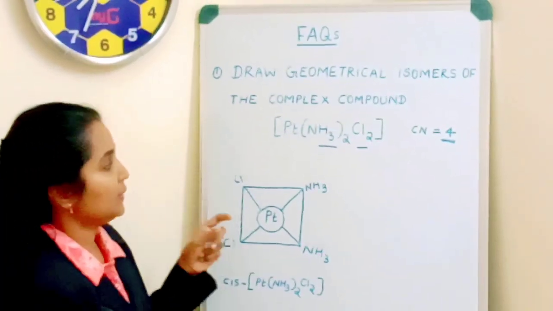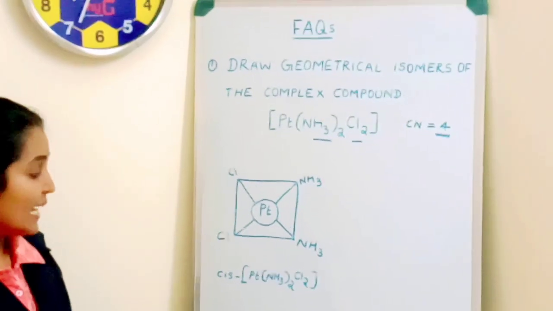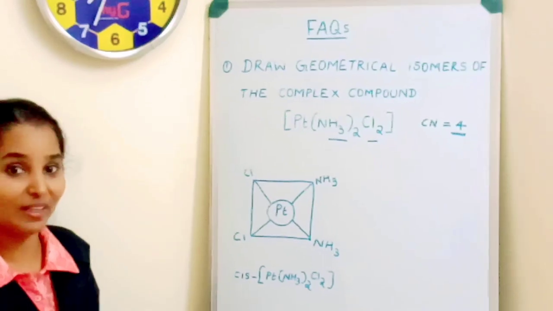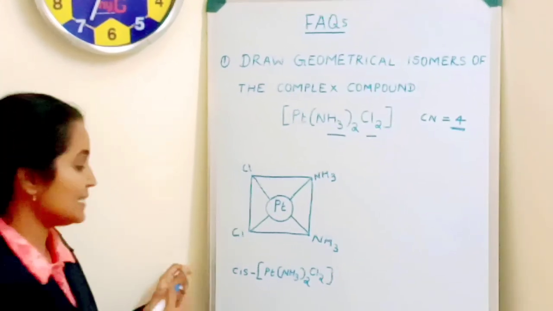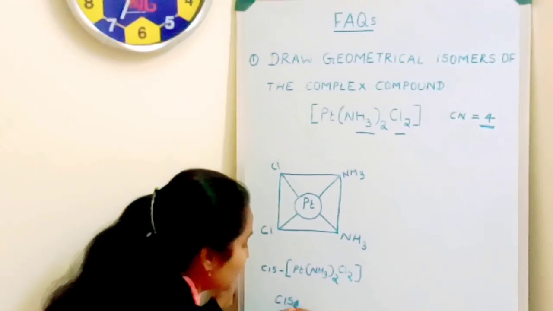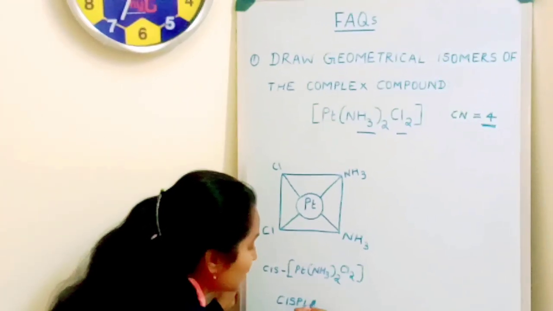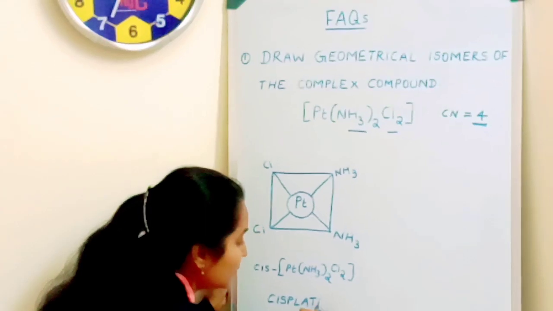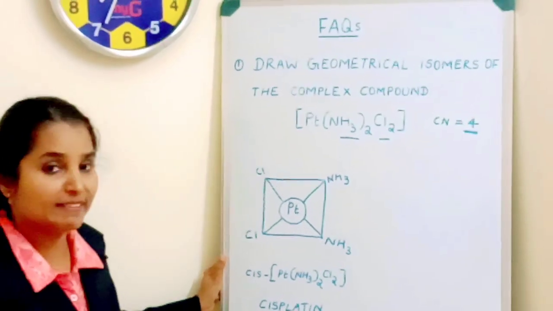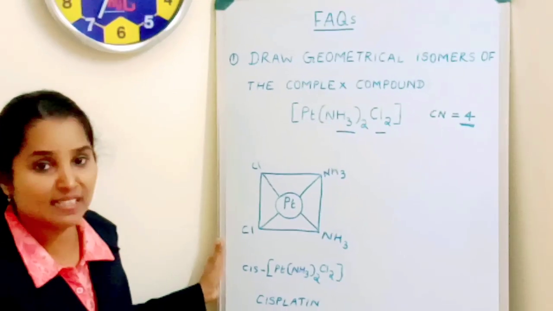Now the cis form is ready, and this is a very important compound. You are familiar with this compound. You have learned it in class 11. This is cisplatin. What is cisplatin? It is an important drug which is used as an anti-cancer drug.